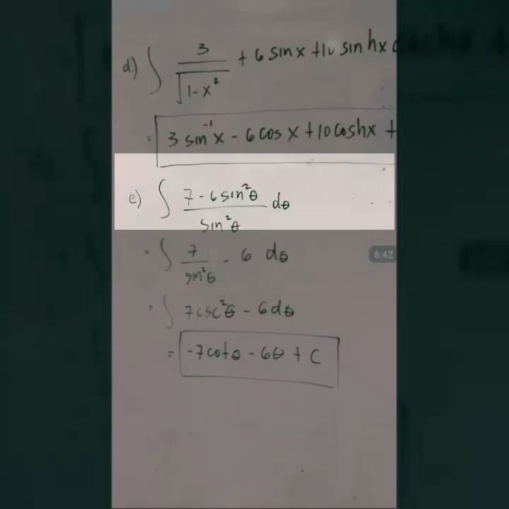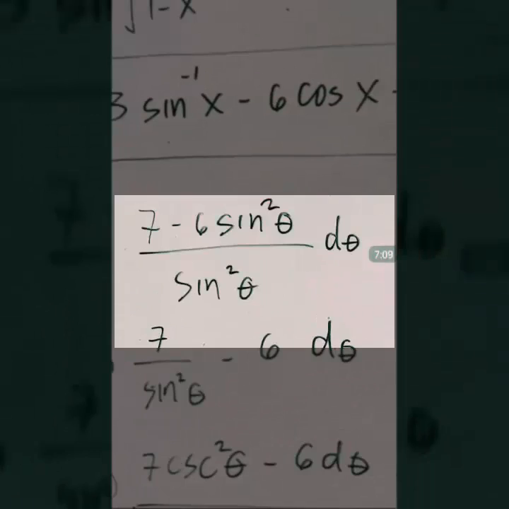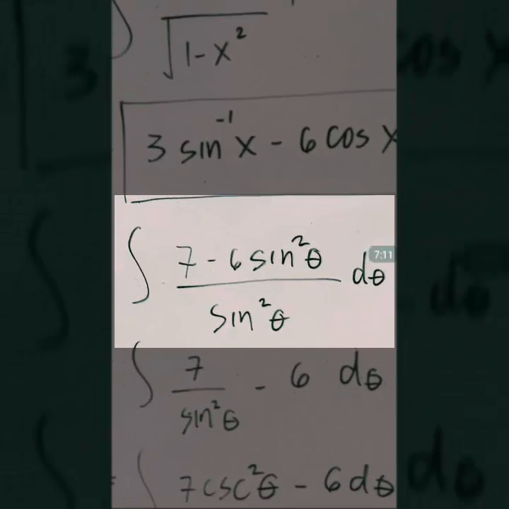For letter E, last example natin for this evaluating the integrand involving trigonometric function, the basic trigonometric function. The integral of 7 minus 6 sine squared theta over sine squared theta. Ano bang unang gagawin natin dito? Sa unang tingin, akala natin medyo komplikado ng konti, pero hindi naman.